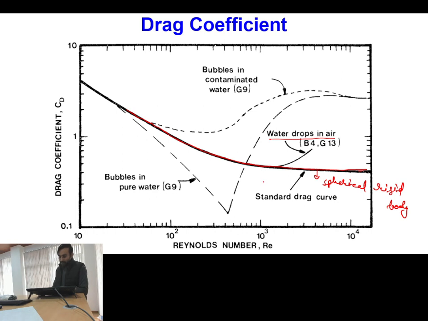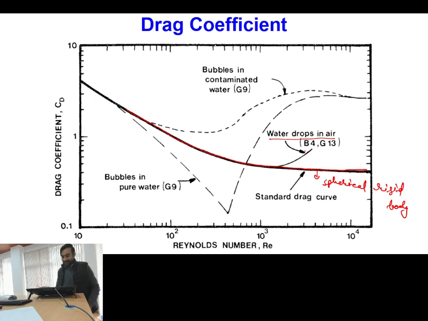You can see in the low Reynolds number cases, these water drops in air almost follow the same drag curve, but at larger Reynolds number the drag force is higher in comparison to spherical. Why? Because at higher Reynolds number the shape is deforming, the drop shape is getting flattened and becoming ellipsoid. Because of the ellipsoid shape it will have more drag in comparison to spherical objects.